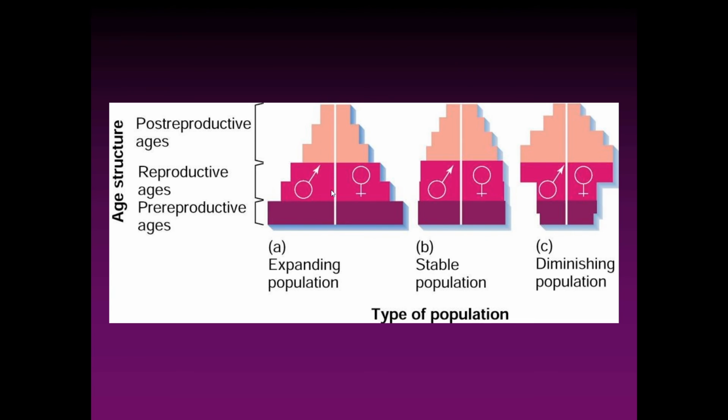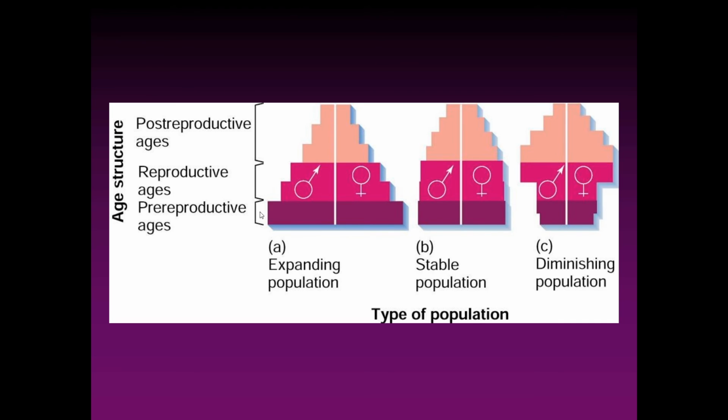So you can see in this diagram that you have fewer people in the post-reproductive ages, then even more in the reproductive ages, and even more than that in the pre-reproductive ages. Thinking about this over time, this section right here is going to move up and then move up, and it's going to continue up. Will it decrease a little bit?